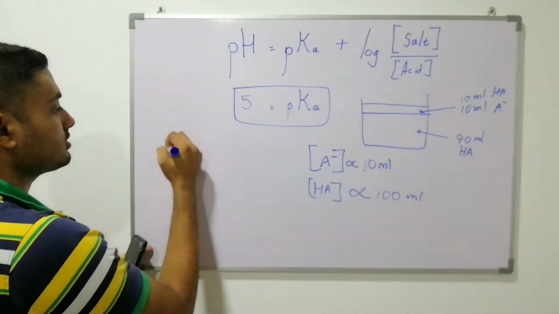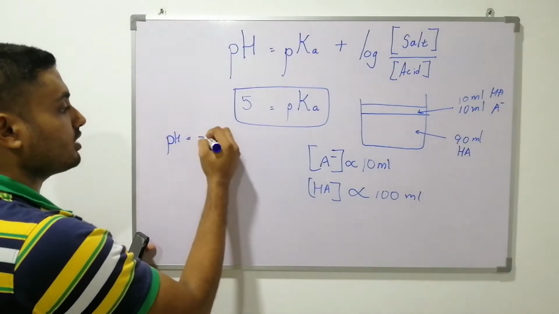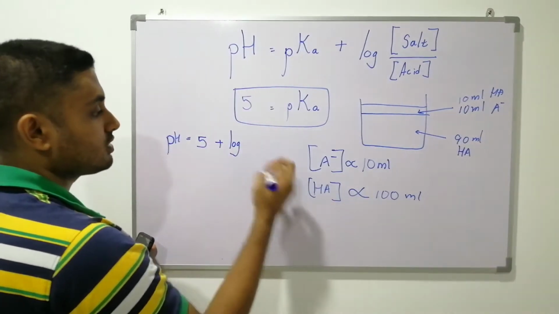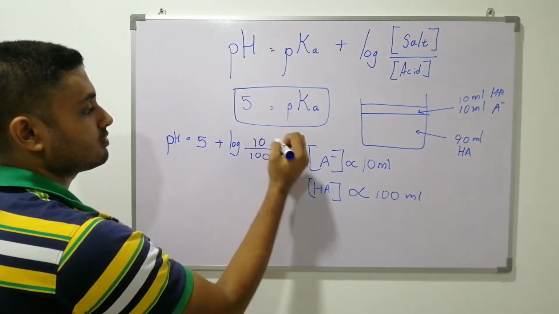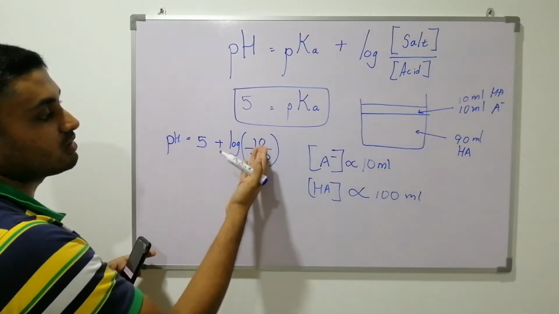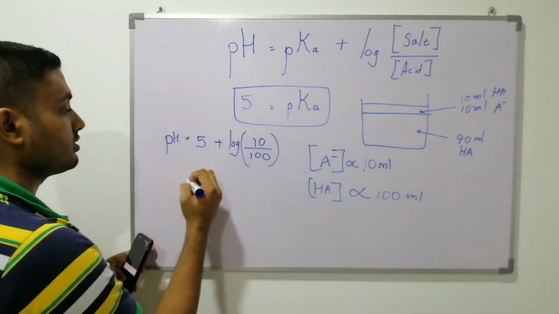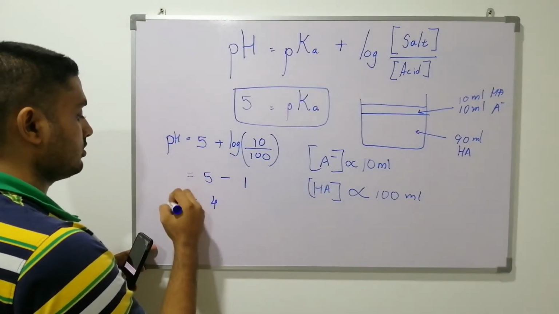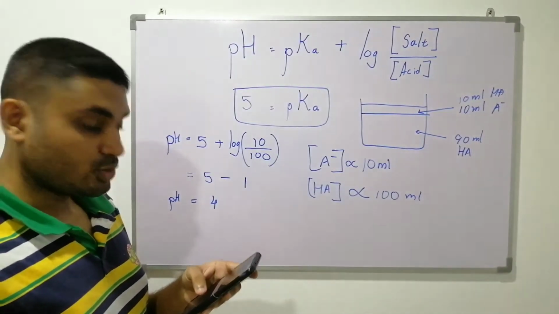So let's calculate. pH is equal to 5 plus log HA is 100, so here 100, here 10, right? Then what? Log 1 over 10, that means minus 1. So 5 minus 1, that is 4. pH is equal to 4, so the answer is 2.